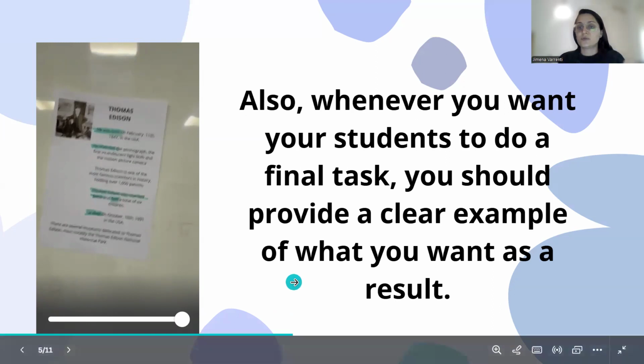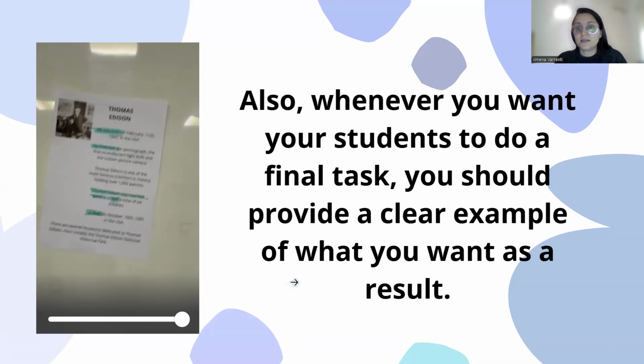And then, of course, when they worked with Canva, they added other pictures, they added a background to the page, and I told them that they were free as regards the presentation or the layout of the final task.